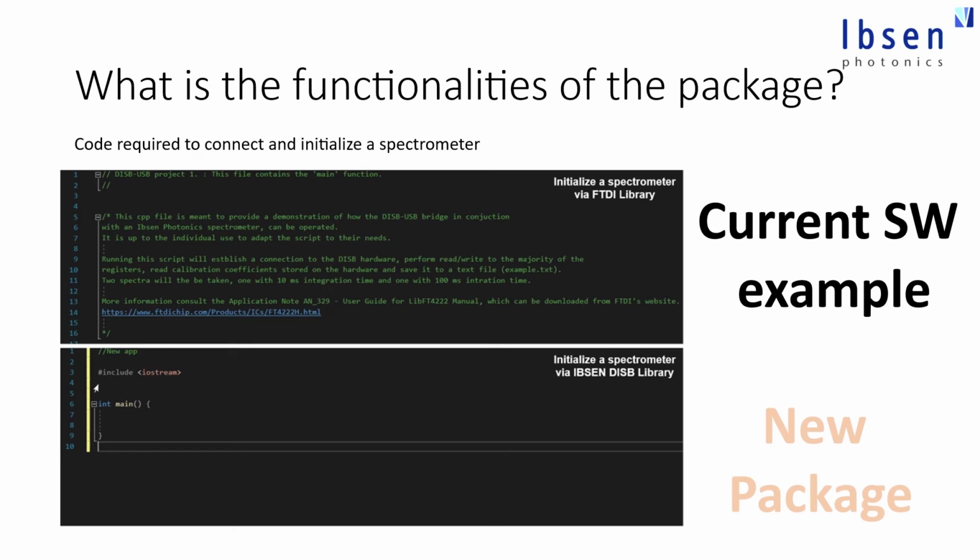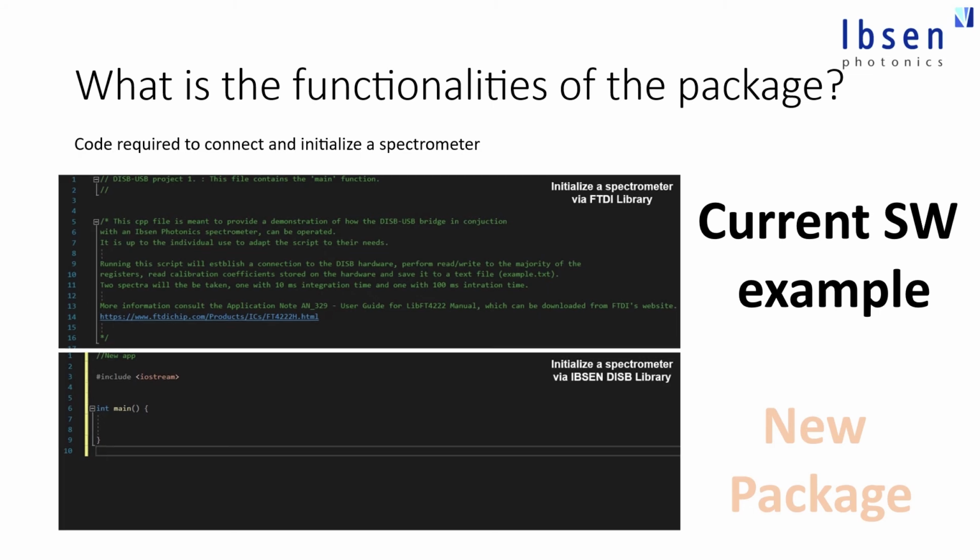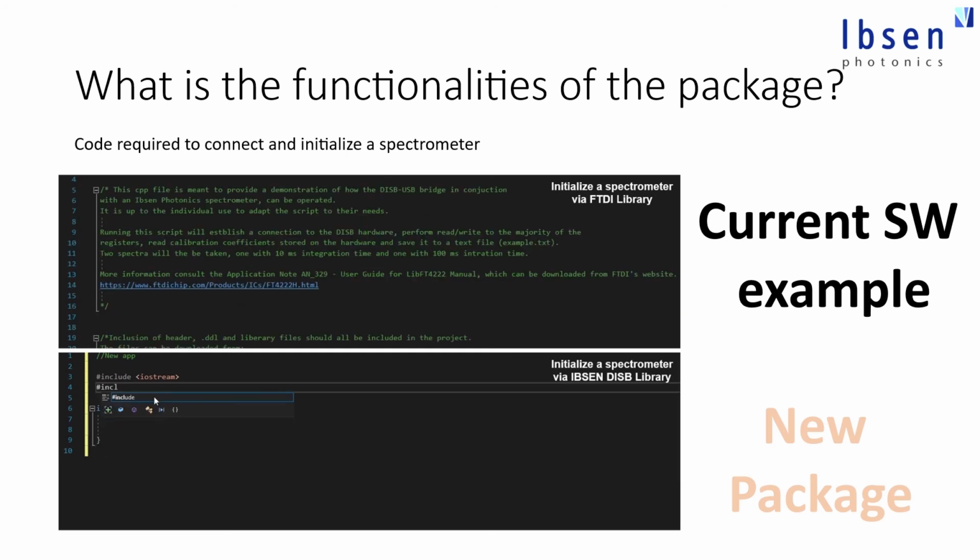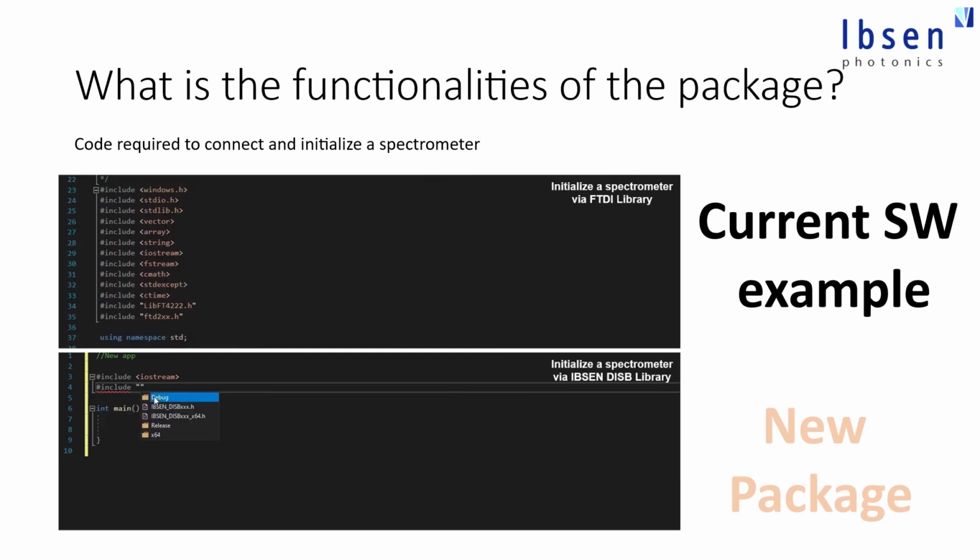Comparing that at the bottom here to our new DISB library, it's a much faster process to get going. Both these samples displayed here on the screen, being typed out at the moment, simply go through all the code that's needed to actually interface with the spectrometer, just to find it and initialize it.